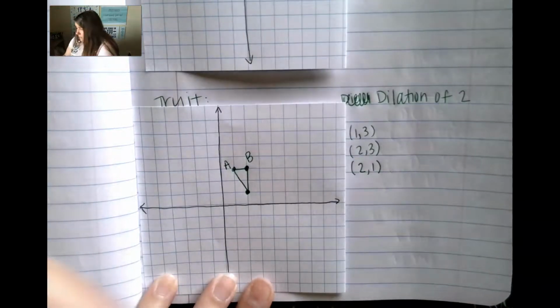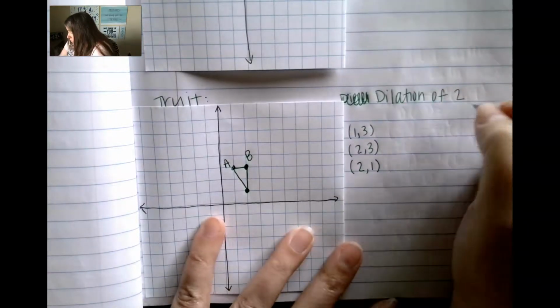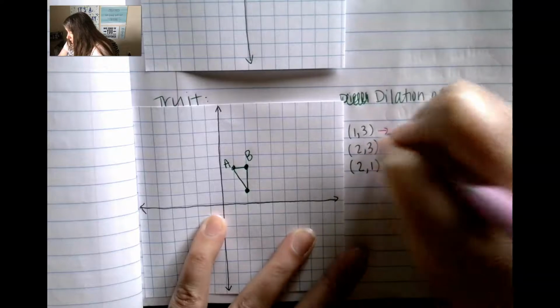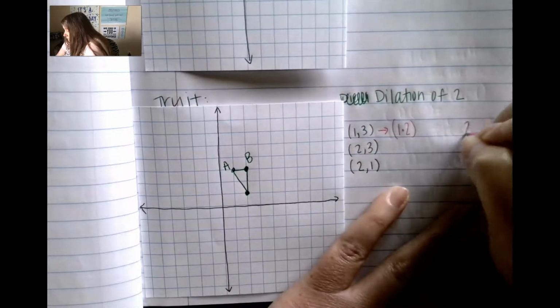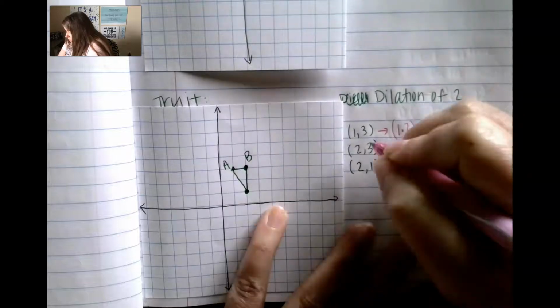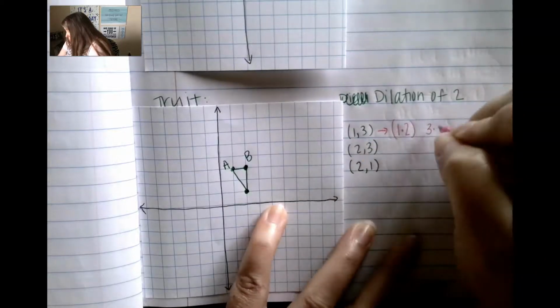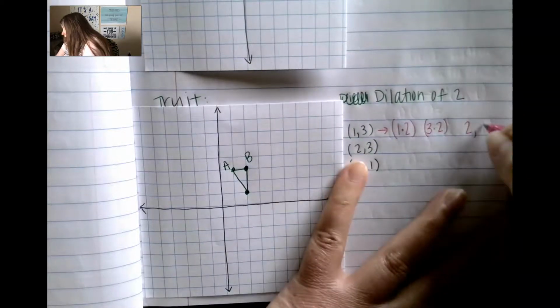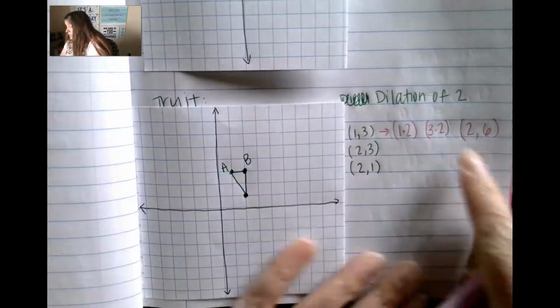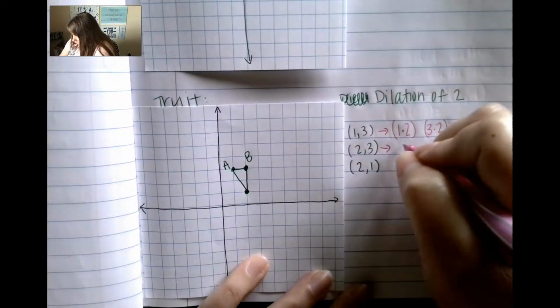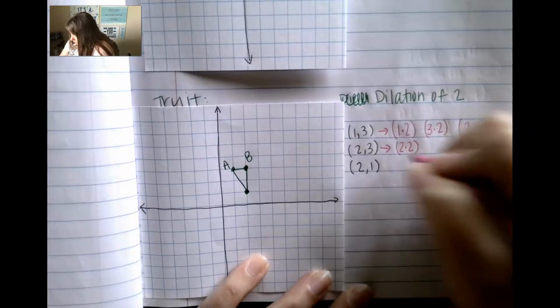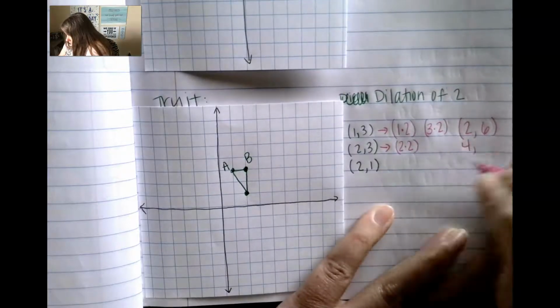So we're dilating it by 2, which means that we're multiplying by 2. That is the change. So 1 times 2 is an x value of 2. 3 times 2 is a y value of 6. So I get 2, 6. The next one, 2 times 2, and that gives me 4.